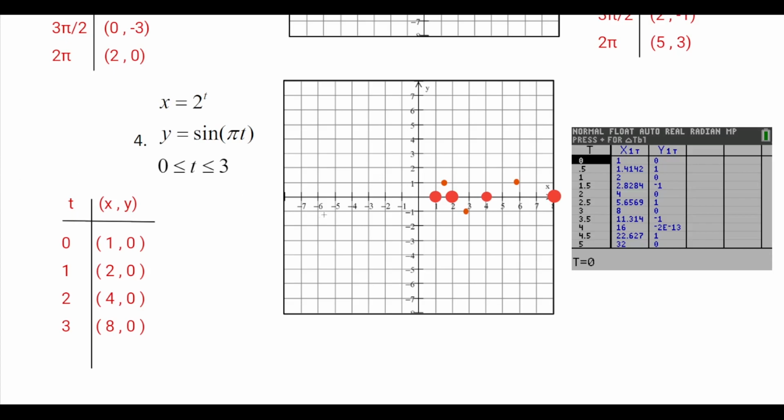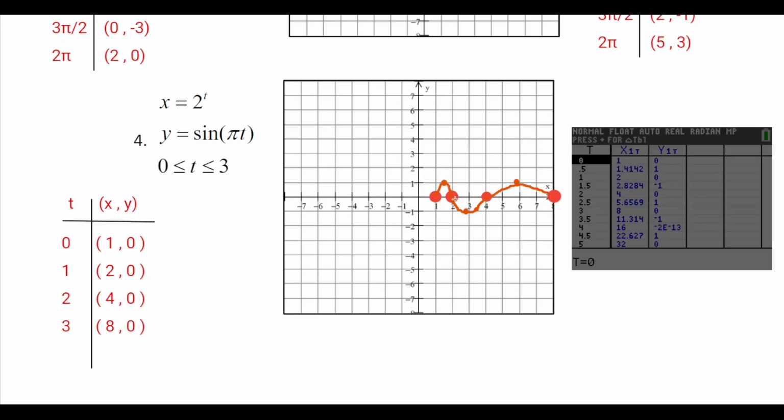Starting at 1, 0, the curve is going to go up and come back down. Basically what we're going to have is a sinusoidal function that's being stretched out, but not in a linear way where each peak is equidistant from the next peak. They're going to be spaced out in an exponential way, where the first wave is going to be skinnier than the next one, which will be skinnier than the next one.